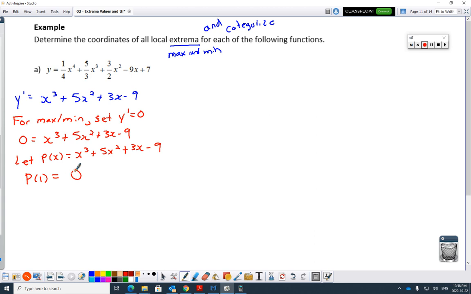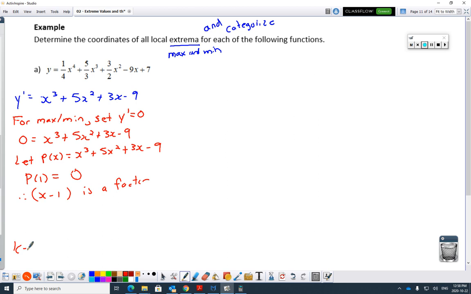Look at that. And if 1 doesn't work, you try negative 1, you try 2, you try negative 2, you try 3. Ooh, little shortcut here. The only numbers that are going to work are the ones that divide into that last number there. That's the only way this can work out. Therefore, x minus 1 is a factor.